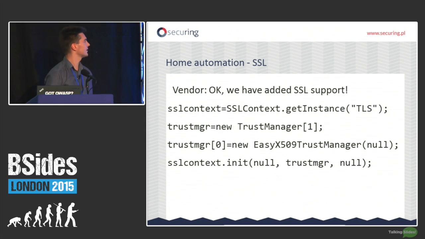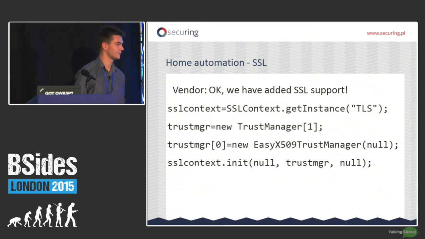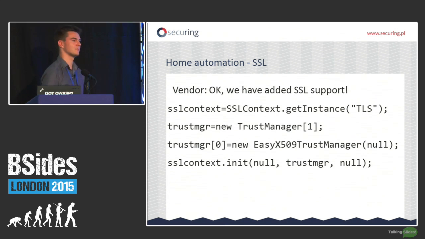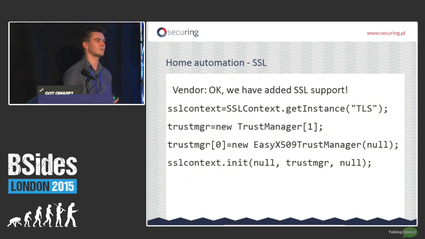And does anybody see a vulnerability here in the SSL connection? Yeah, well, the trust manager is empty. So the server will actually accept all of the certificates, any certificate. So the man in the middle is still possible, right?